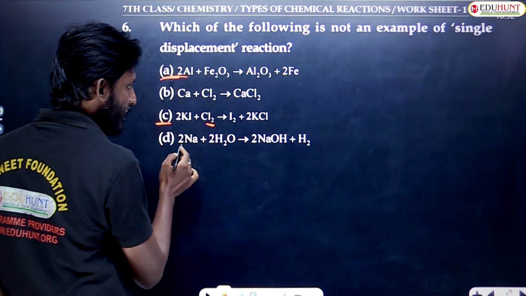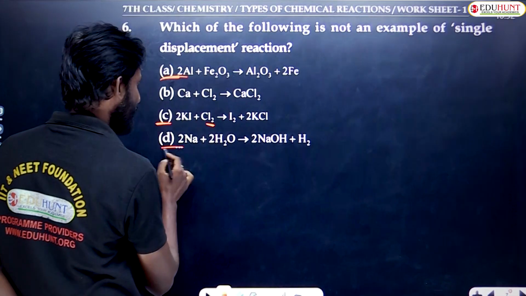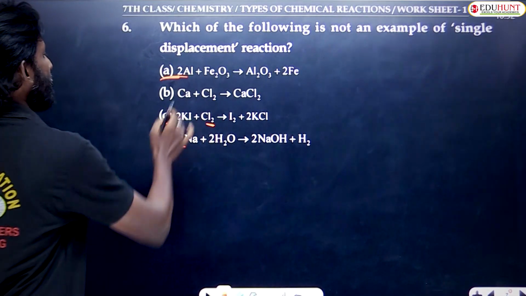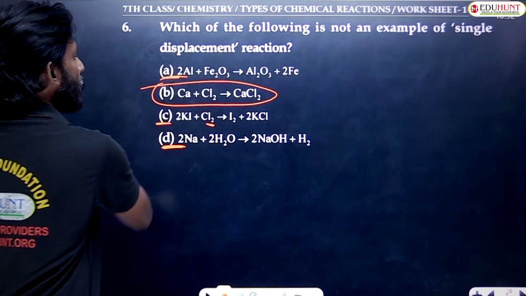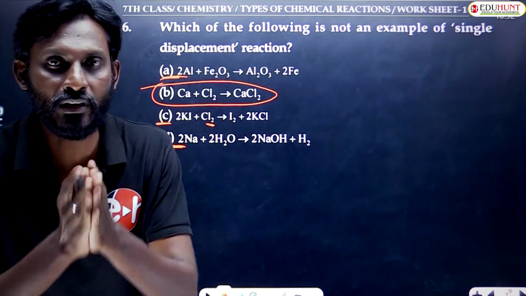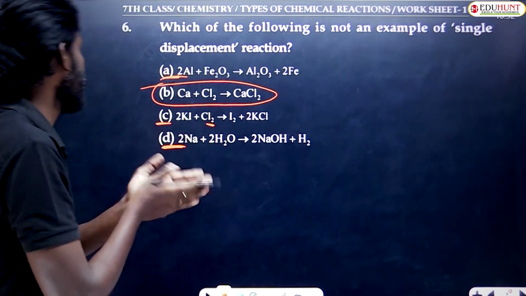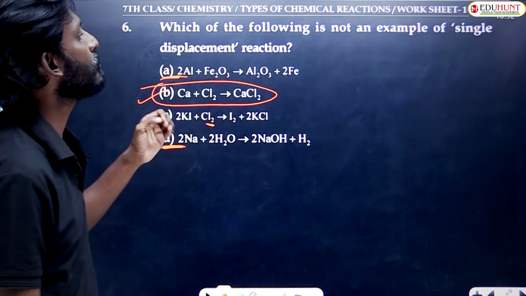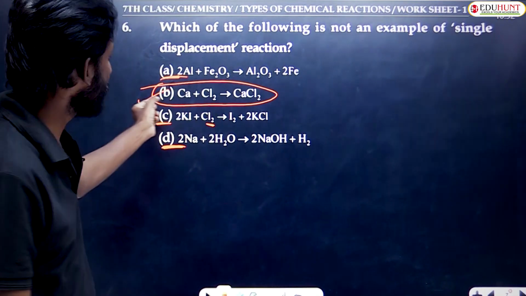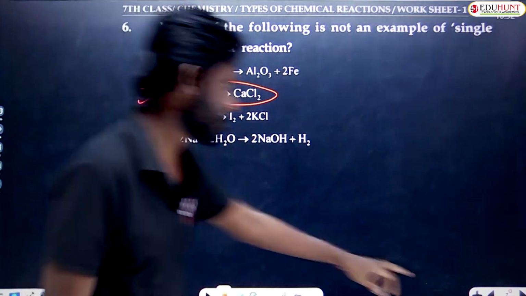Here sodium displacing hydrogen, single displacement. And calcium reacting with chlorine to give calcium chloride. It's a combination type reaction. So our answer is the second option. Ca plus Cl2 gives CaCl2.